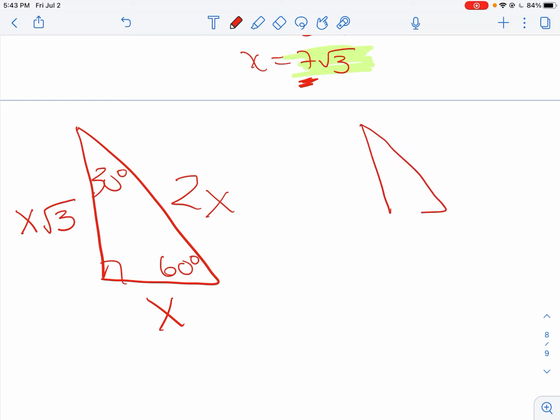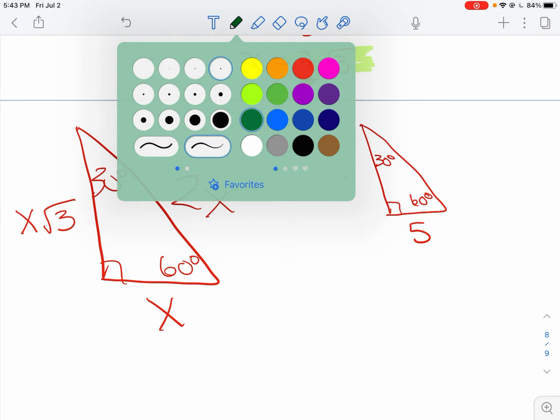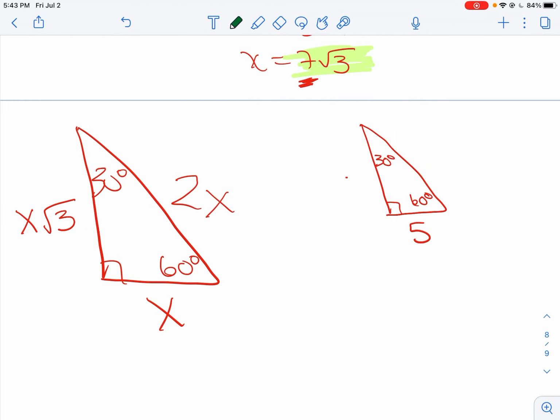So, if I'm given that this side is 5 right here, that's all that I've been given, that is a 30, 60, 90 triangle, and across from the 30 degrees is 5. That means the hypotenuse is twice that.